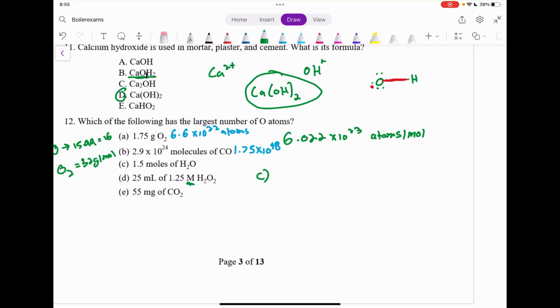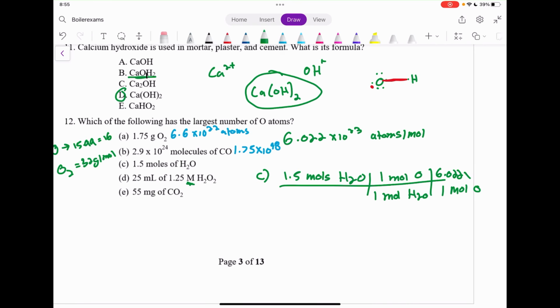Let's do C now. We have 1.5 moles of water, and in 1 mole of water you have 1 mole of oxygen. In 1 mole of oxygen you have Avogadro's number worth of atoms.